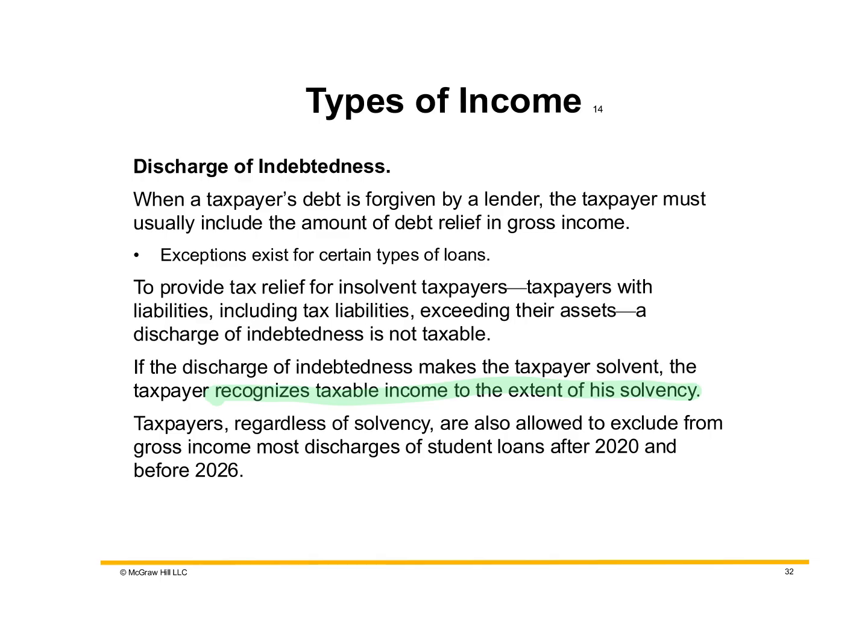And the last piece for this one: regardless of solvency, taxpayers are also allowed to exclude from gross income most discharges of student loans after 2020 and before 2026.